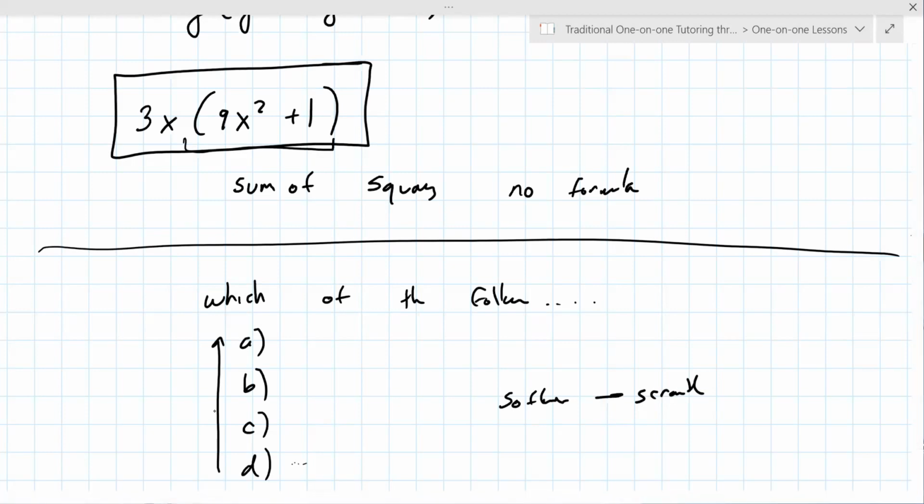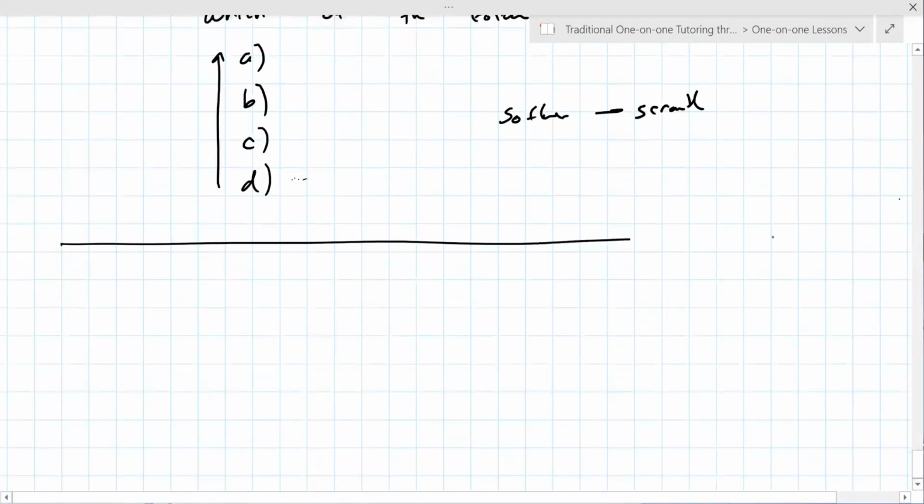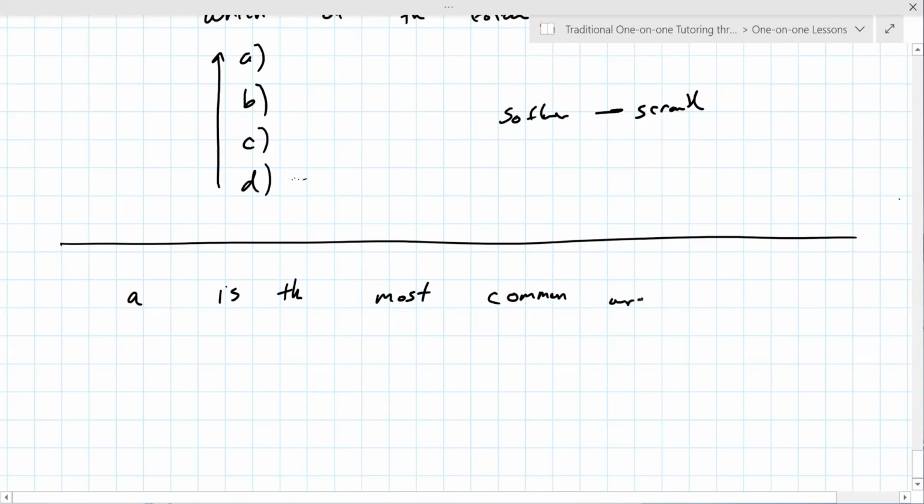My dad was told once that you always select C if you cannot figure out the answer. He took a test to be a loan officer, and he did that, and he said it doesn't work. Another one I teach is that A is the most common wrong answer that you think is right, because A is generally an intermediate answer.